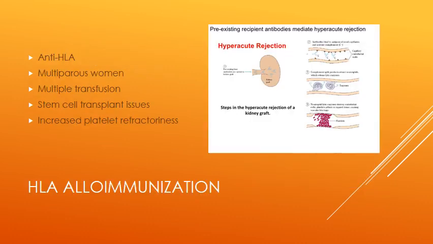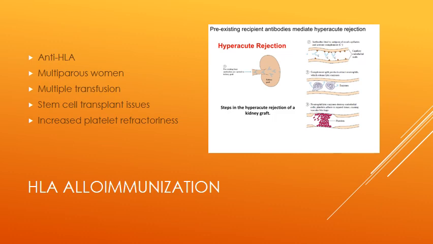Okay, then we have our HLA people. So HLA antibodies, the most common place we see them is with multiparous women. Multiple pregnancies, the mother interacts with cells from the infant and produces antibodies against them.